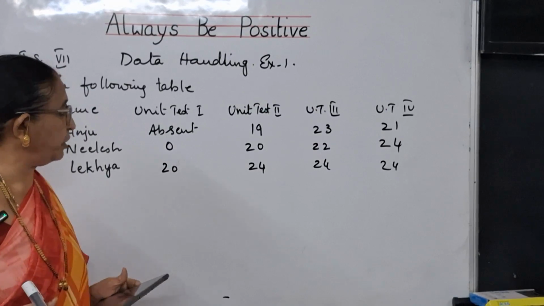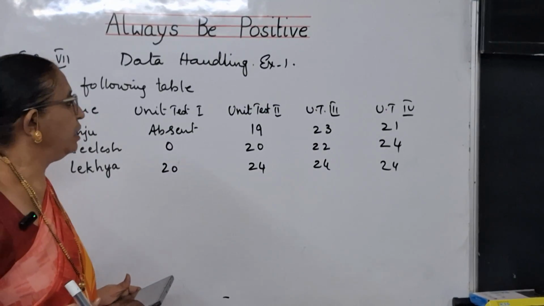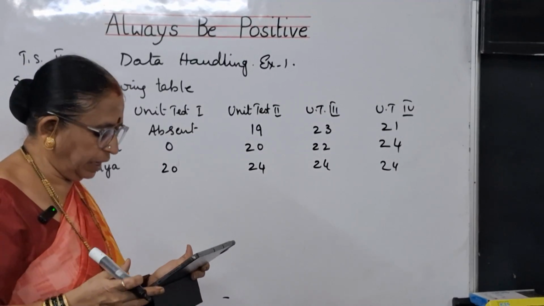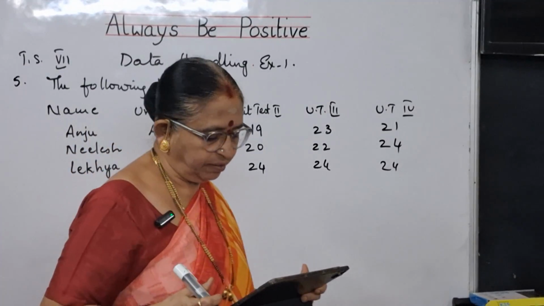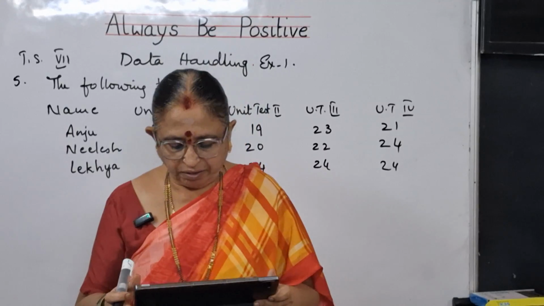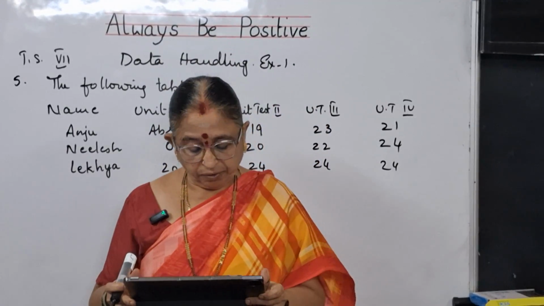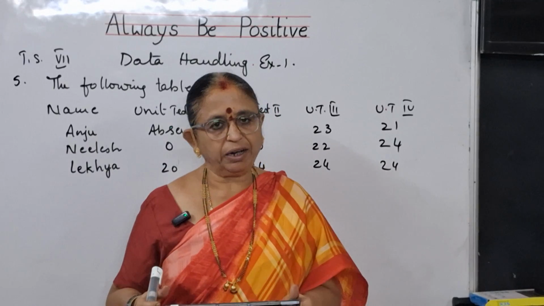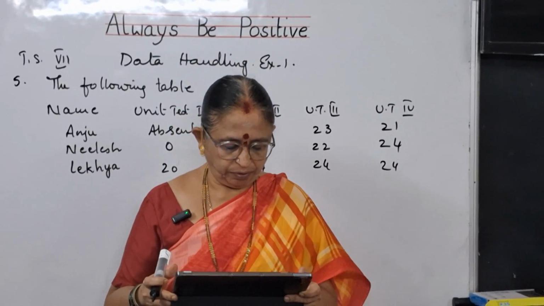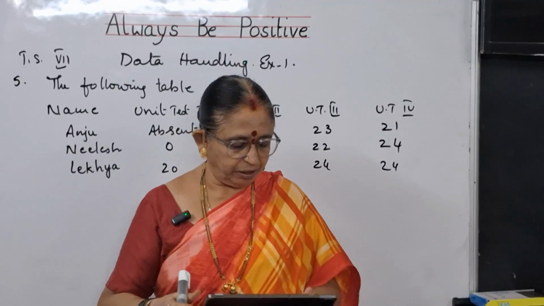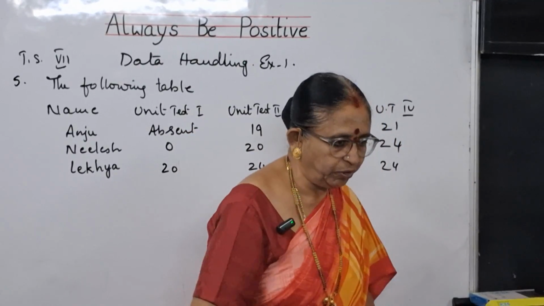Anju was absent for unit test 1, unit test 2 19, test 3 23, test 4 21. And Neelesh 0 in the first test, second test 20, third test 22, fourth test 24. Lekhya, she got first test 20, remaining all 24, 24, 24. Now the question here is, find the average marks obtained by Lekhya. One by one we will be doing.